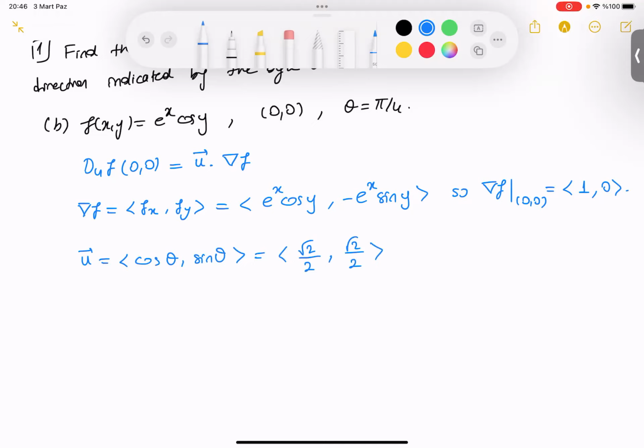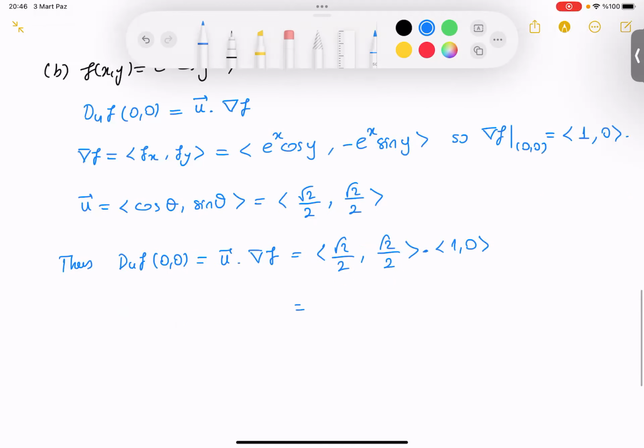Okay, thus D_u f of 0, 0 is equal to this dot product. So you have this value times 1, 0.